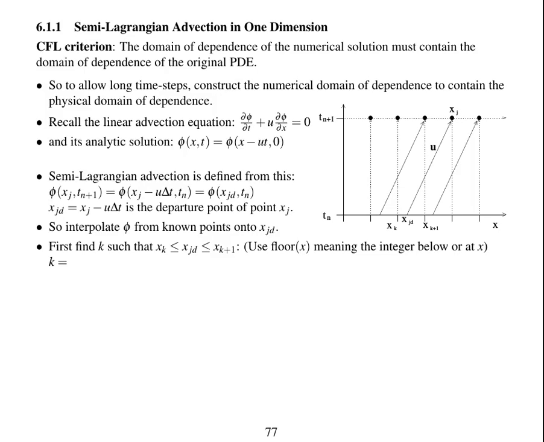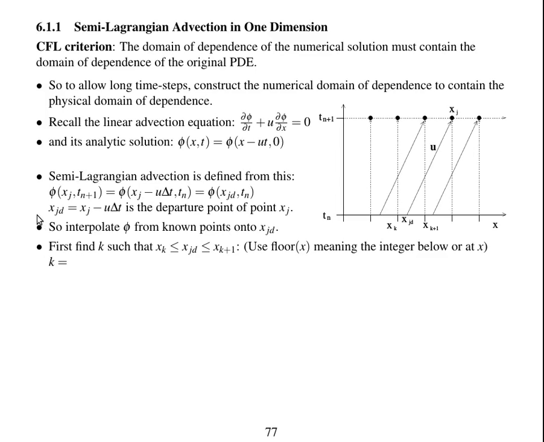So how are we going to find k? We know what xjd is, and we know that xj is equal to j times delta x. We need to find k. You can pause the video at this point, see if you can work out what k is going to be.